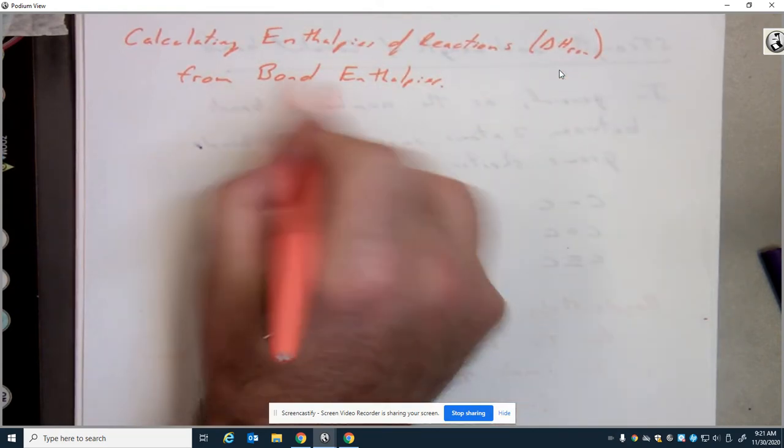So we can use these bond enthalpies to actually calculate delta H's.